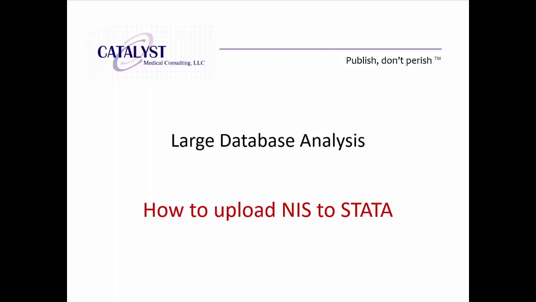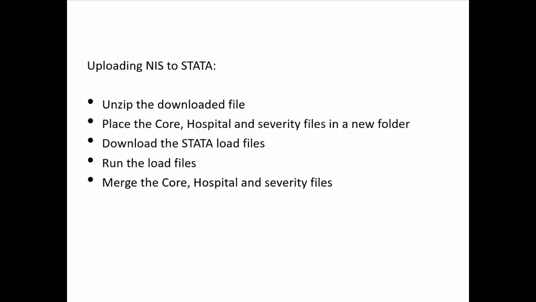STATA. In order to upload NIS to STATA, there are a few simple steps to go through, and we will go over them one by one, and I'll demonstrate how to do them as we go. So those steps are: number one, unzip the downloaded files, the files that we receive after buying NIS from the HCUP central distributor.